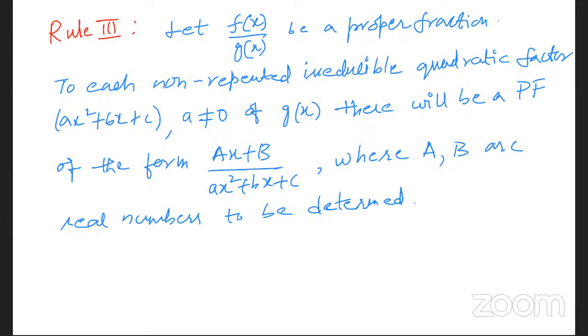So you have to remember this form. It will be of the form (Ax + B) by (ax² + bx + c). So we'll take an example so it will be easy for you.